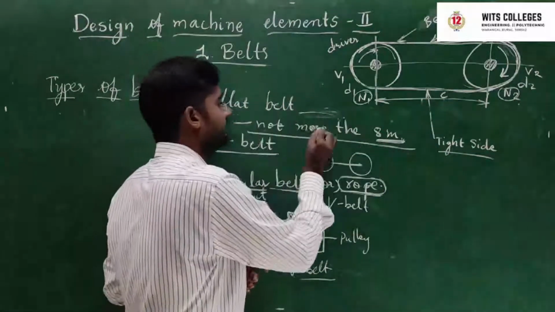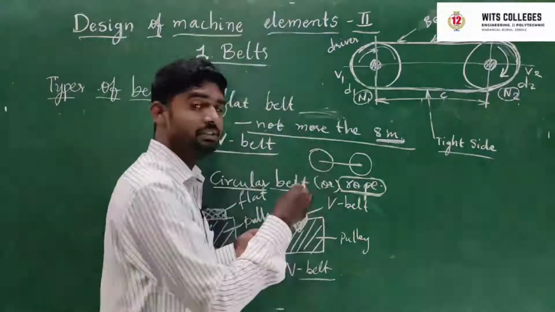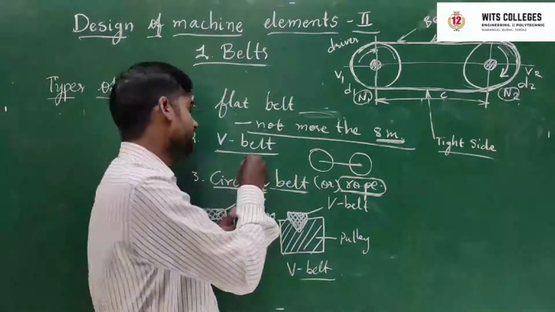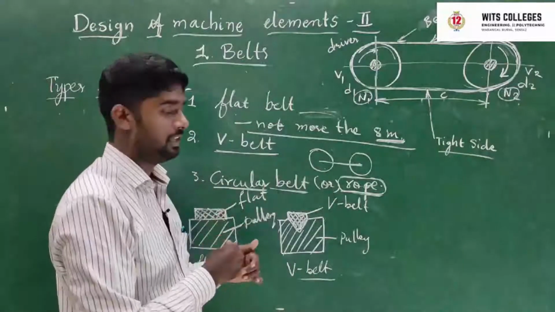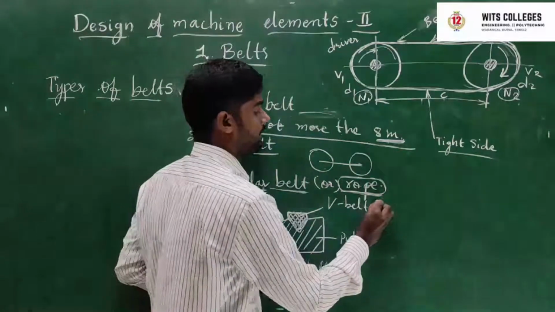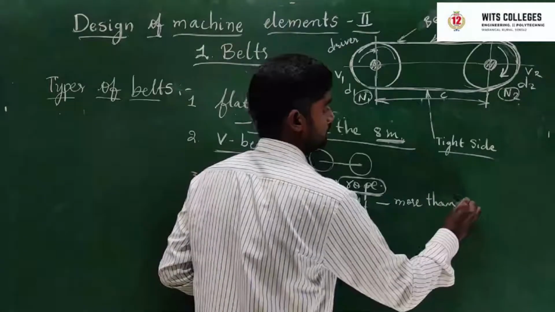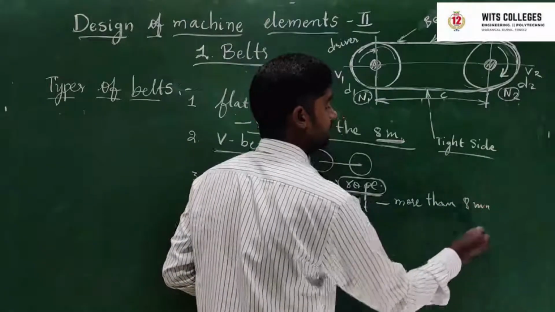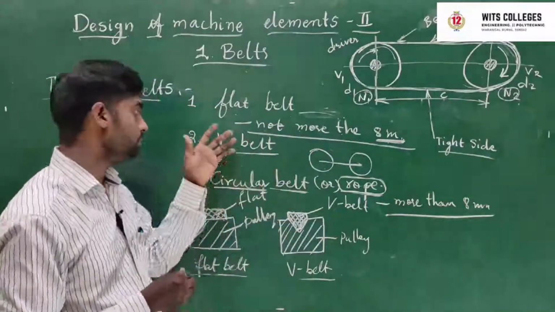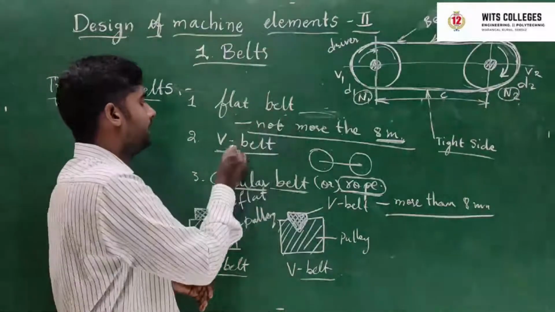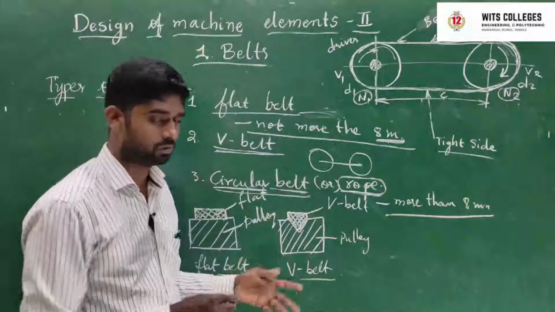Up to 8 meters we use a flat belt, below 8 meters with pulleys near to each other we use a V belt, and more than 8 meters we are using circular belt ropes. These are the three most important types: flat belt, V belt, and circular belt or ropes.